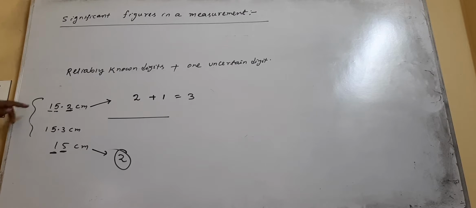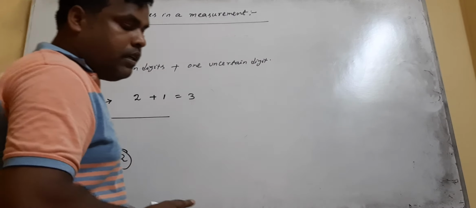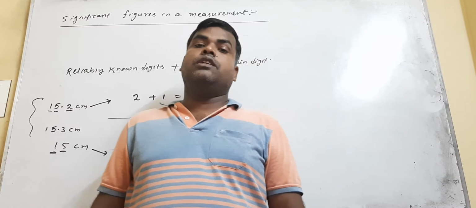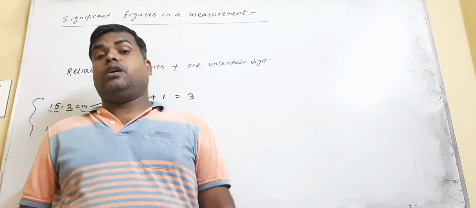So if you compare these two measurements, definitely the first is more accurate than this. So you remember, the more the significant figures, the higher the accuracy of the measurement.